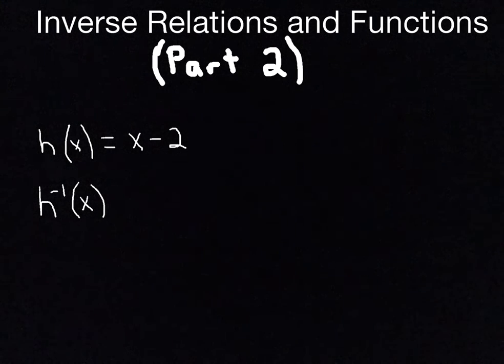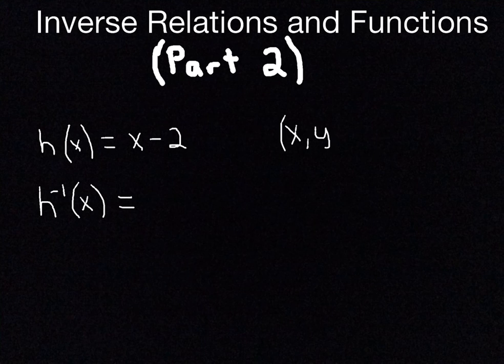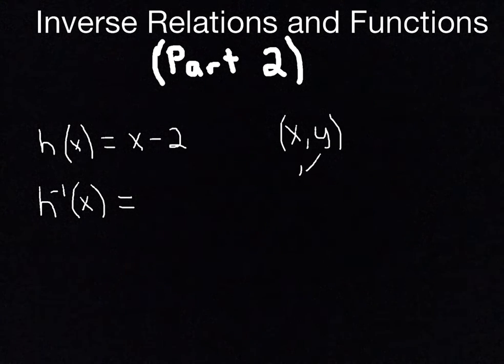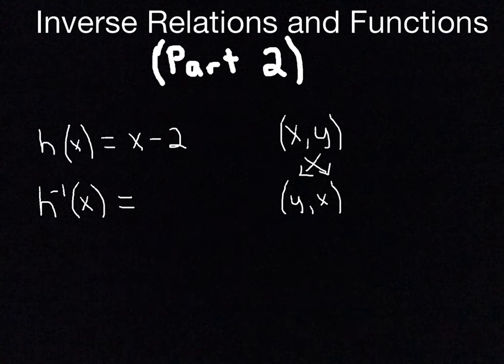So the inverse of h of x is going to be equal to, now the way that we said to figure out how to find an inverse is you switch your x and your y's. You switch them around. So you make this y comma x. That's the inverse.